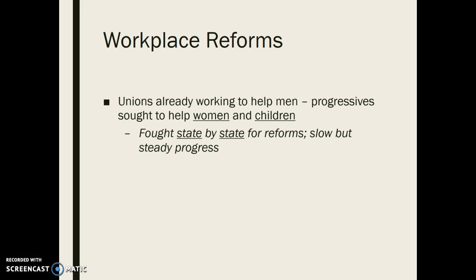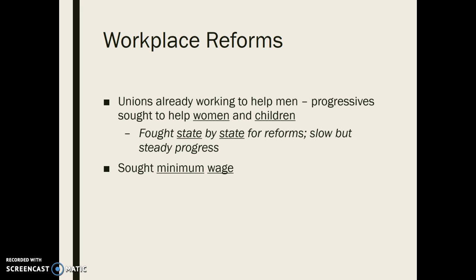Trying to get a national law passed is very difficult. If you get enough states to join a cause, then national progress will naturally follow. That was a strategy that a lot of progressives used. It is slow, but there was progress made.